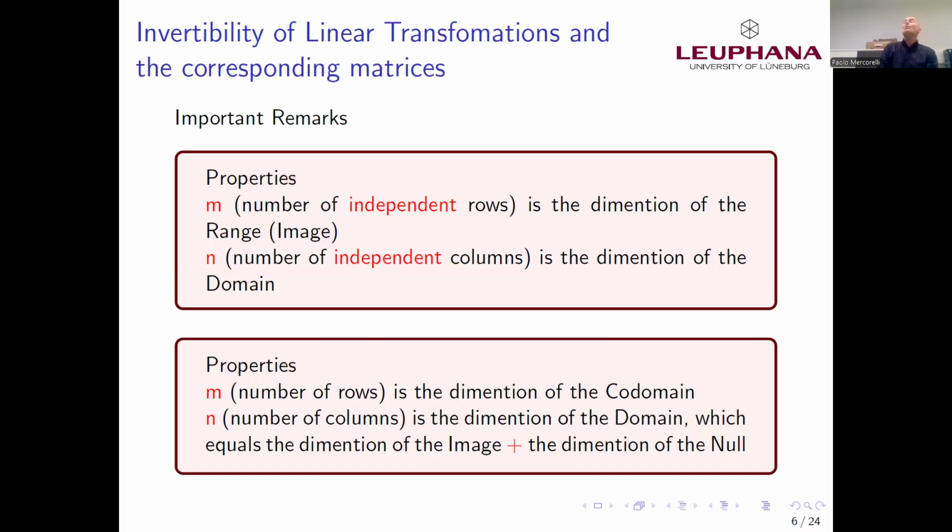This means we necessarily have an injective transformation, though I didn't do a mathematical demonstration, because we map without losing dimension.